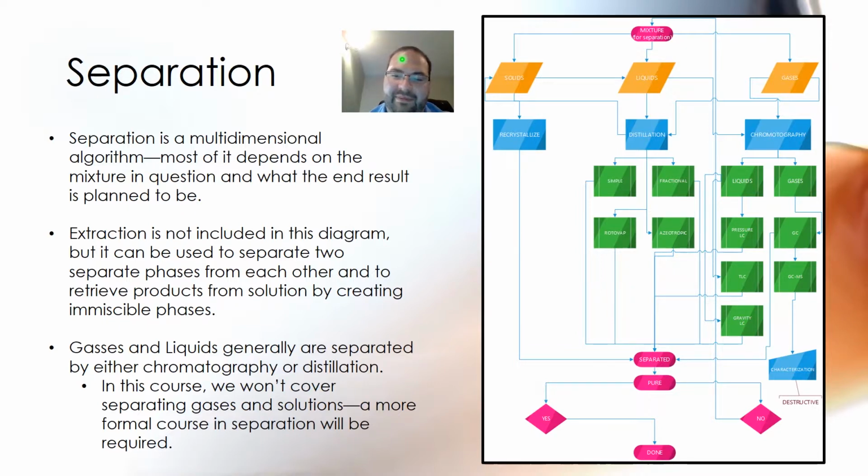Some of them you want to separate from others. Some of them you want to purify. Some of them you may not care as much about purifying, but you still need to get them away from everything else. And we approached a problem like that last week when we talked about recrystallizing, because recrystallizing is in fact a type of separation. It is separating solids predominantly, because you're purifying a solid.